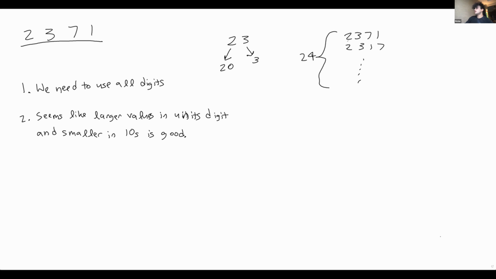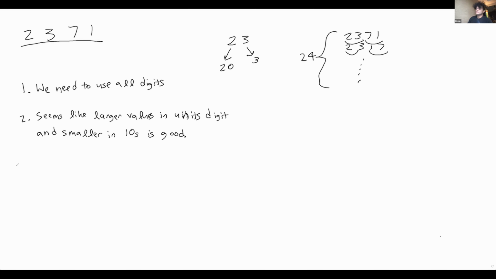For each permutation, I can just split it up in some number of ways. Maybe I could choose 2 digits from here and 2 digits from here, and so on. So there's only so many different possibilities for this problem. But yeah, that's the brute force scenario.